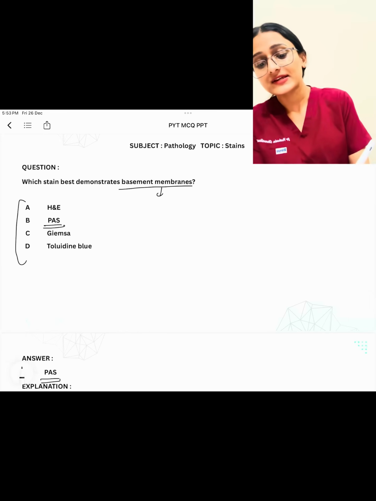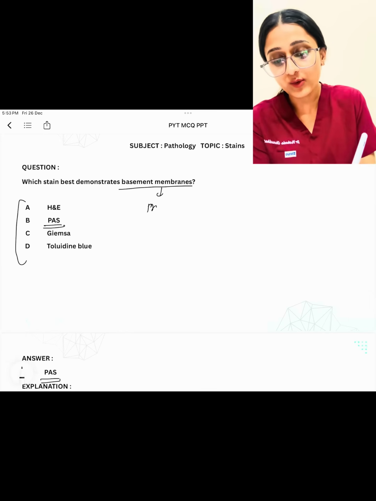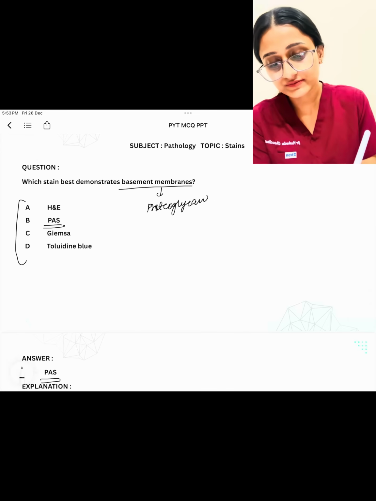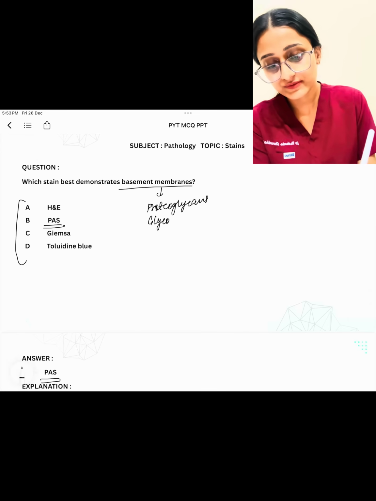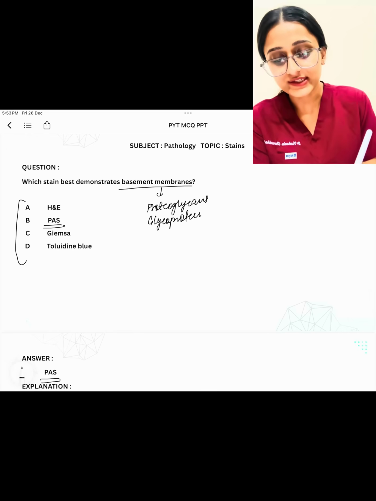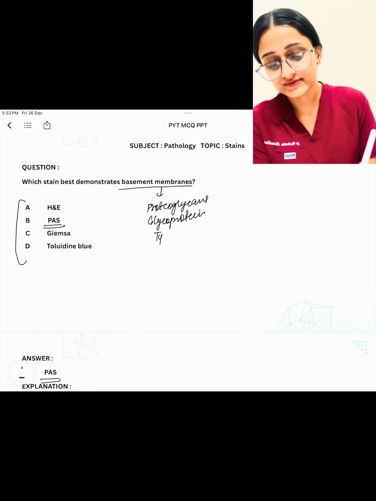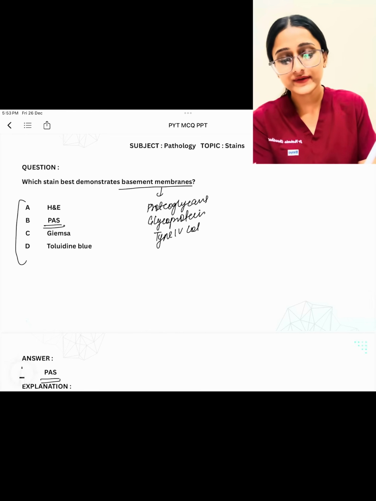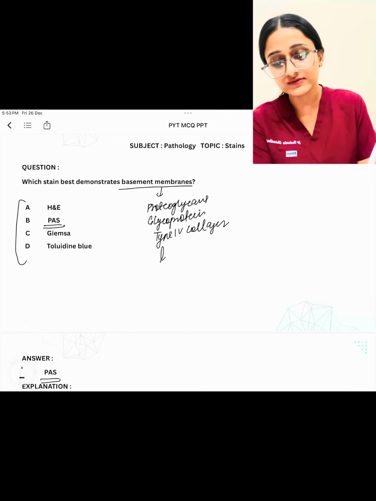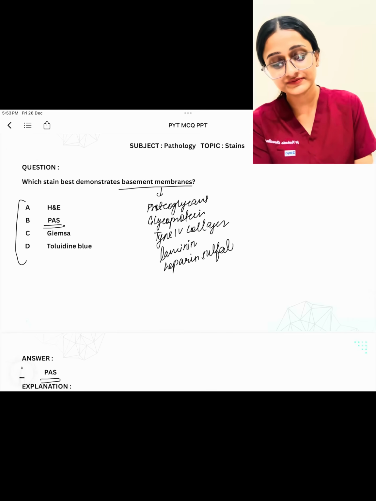Okay, basically basement membrane is made up of proteoglycans, glycoproteins. It is made up of type 4 collagen. It is made up of laminin, heparan sulfate.